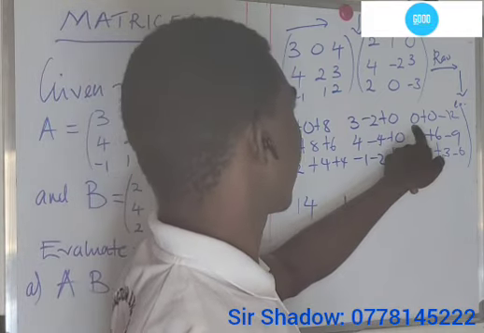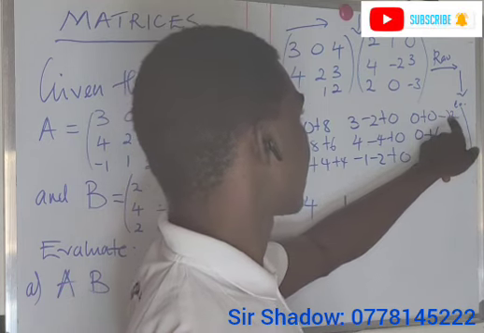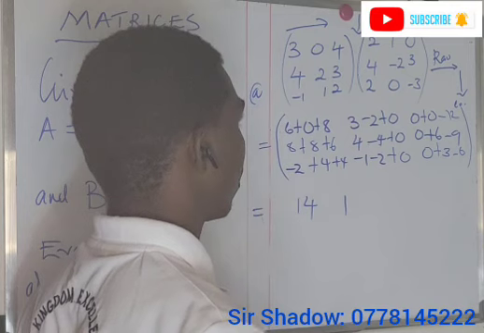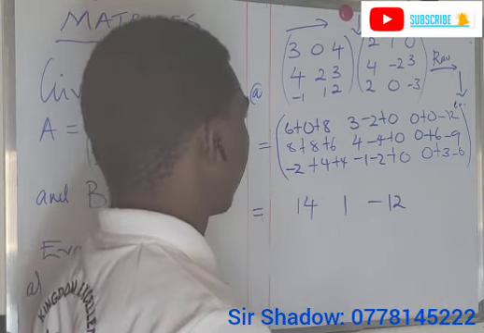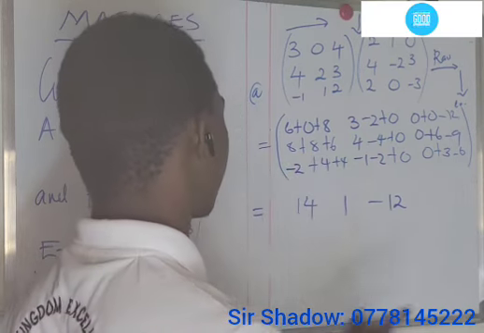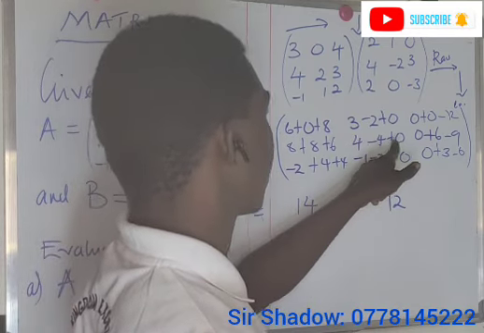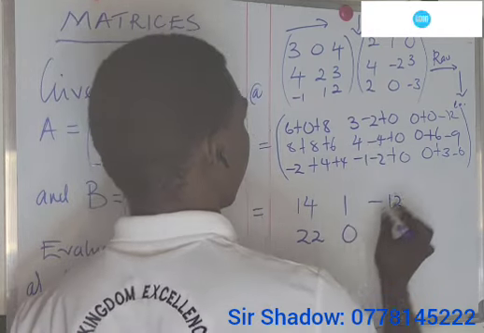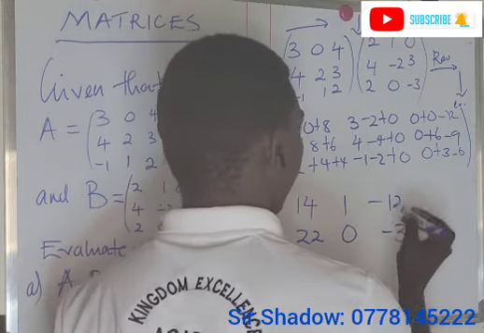Then 0 plus 0 is 0, minus 12, which is negative 12. Then 8 plus 8 is 16, and 16 plus 6 is 22. Then 4 minus 4 is 0, plus 0 is 0, 0 plus 6 is 6, and 6 minus 9 is negative 3.